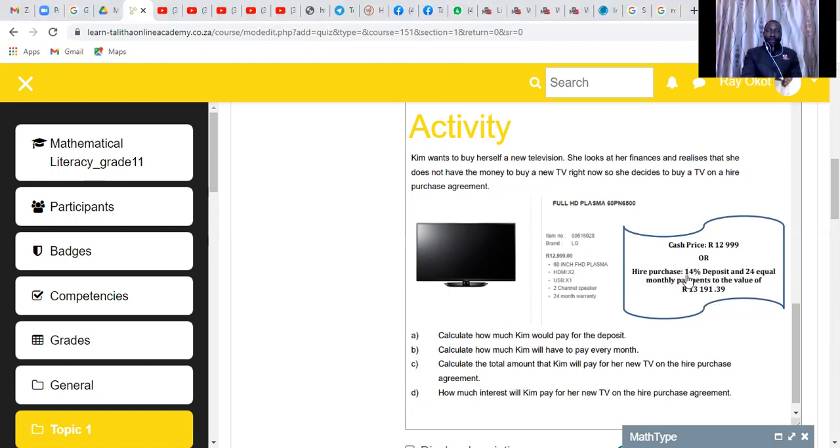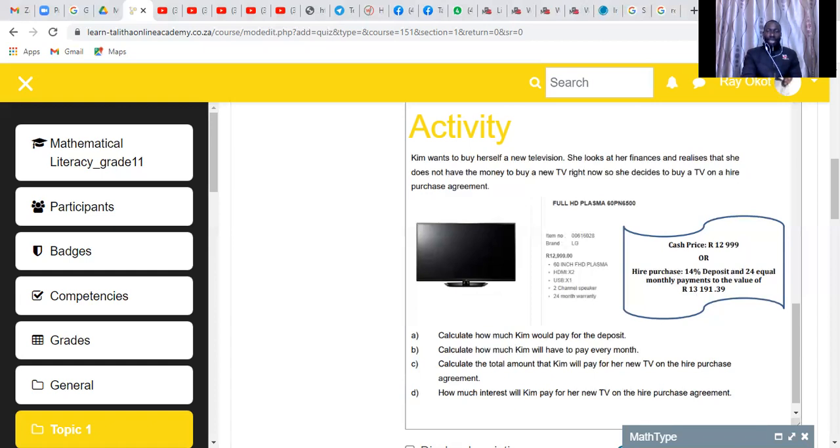This then means you will first make a deposit of 14% of the initial or original amount of money. Then you make 24 equal monthly payments, which will add up to 13,191.